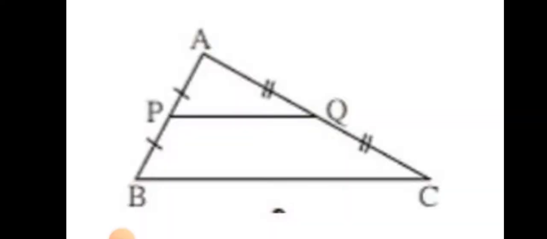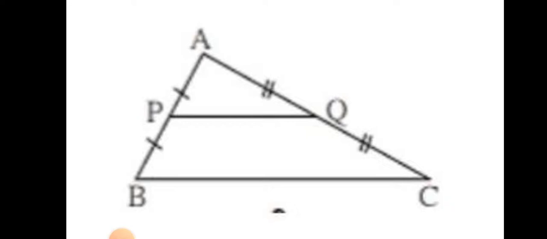Now next, look at the diagram as shown in the figure. Triangle ABC is any triangle and segment PQ is parallel to side BC of triangle ABC and touches the midpoints of AB and AC at points P and Q respectively.